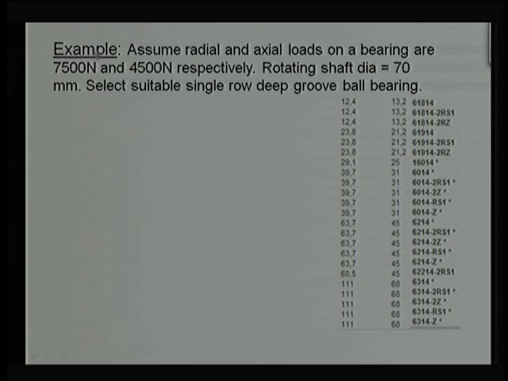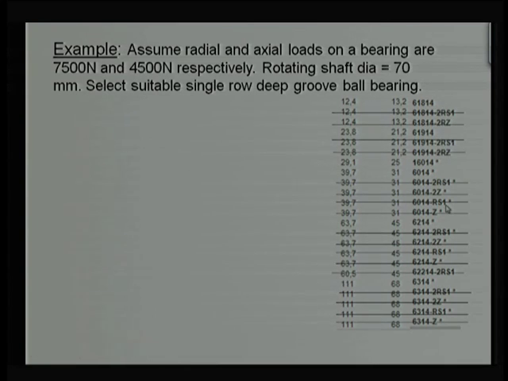In this question we don't have any shielding or sealing requirement. That's why we have removed the options 2RS1 and 2RSZ. The remaining options are 61814, 61914, and 16014, as described previously.